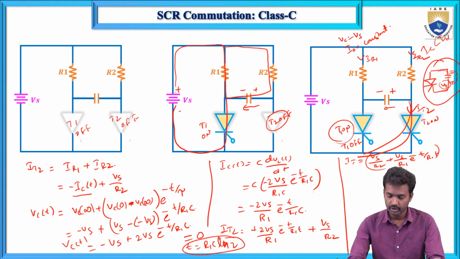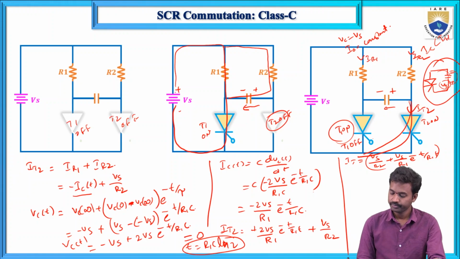So it goes from minus Vs to 0 in that time. So VC(t) equals 0 at t equals R1·C·ln 2, which is the thyristor T2 turn off time.